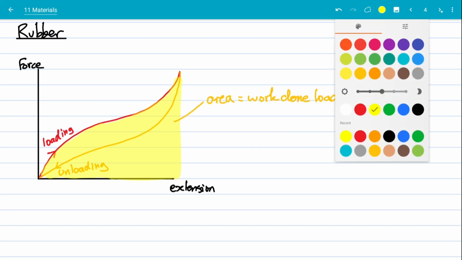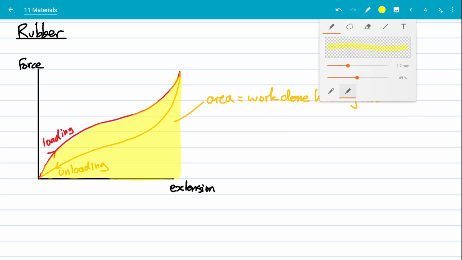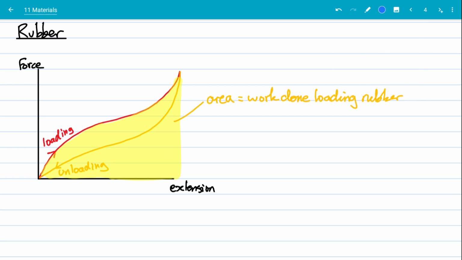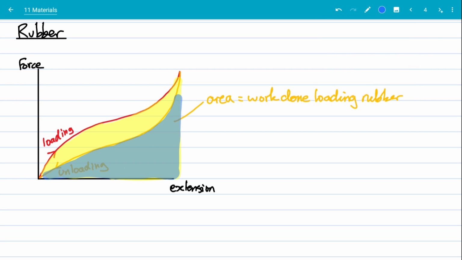But then we have, and I'll use the blue highlighter pen for this, in blue, we have this energy that is released in unloading. So this area here, all the way up there, that is going to be the area of that.